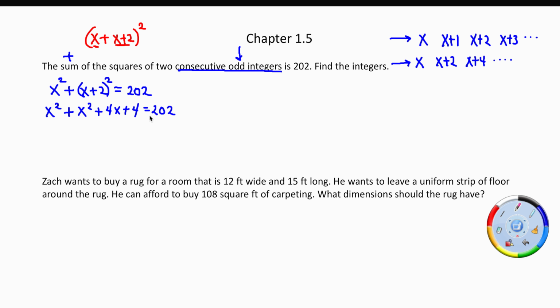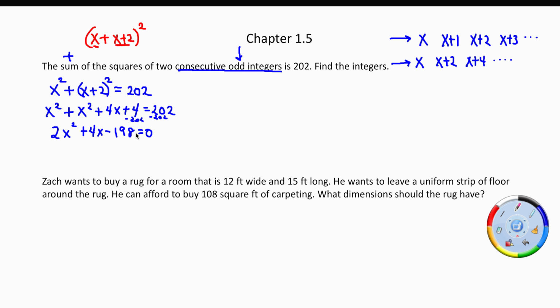Now I'm going to set it equal to 0, because I see I can't use the square root method. So my second choice is to try to factor it. So 2x squared plus 4x, if I subtract 202 from both sides to set it equal to 0, I get negative 198 equals 0.